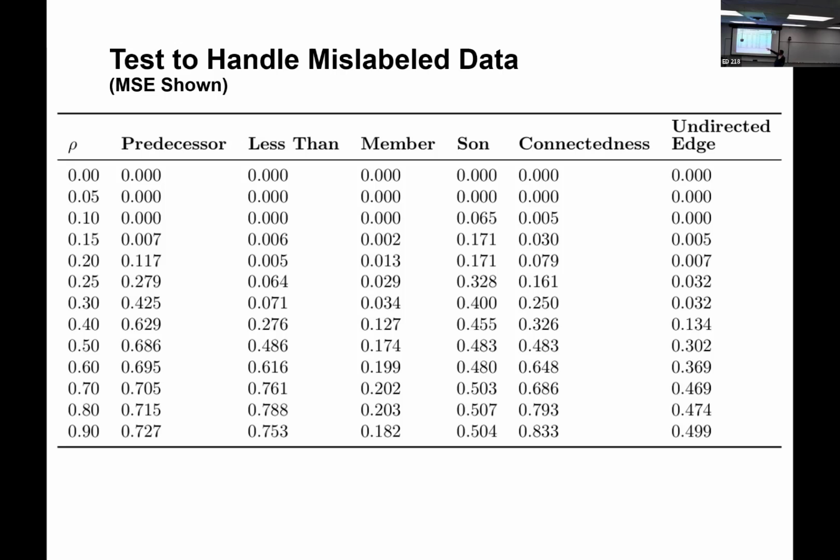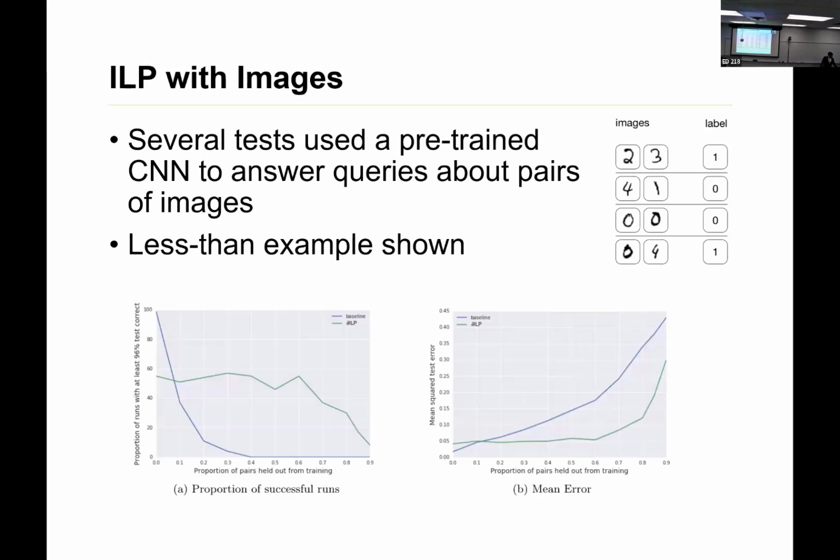So they're maintaining much of the performance. And this was one of the main points of the paper. The paper was very focused on, hey, this is an approach for noisy data. They didn't make the case that, hey, we're doing neuro-symbolic reasoning for the sake of it. This is actually, we're solving a real problem here, dealing with noisy data that was not really addressed in the ILP literature at the time.